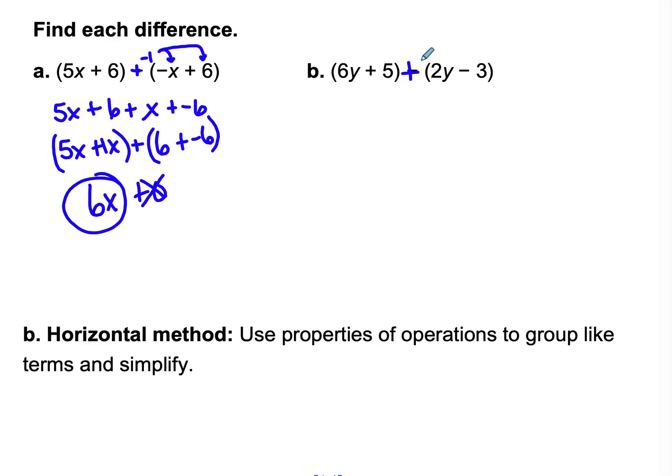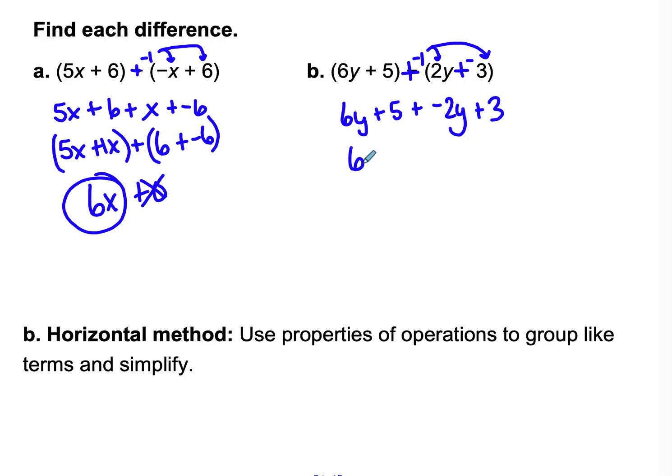All right, let's try this next one. Again, I'm going to make that a -1. That -1 is going to get multiplied by these things. This is also a minus, so I'm going to make that a -3. 6y plus 5 plus -1 times 2y is -2y. -1 times -3 is +3.